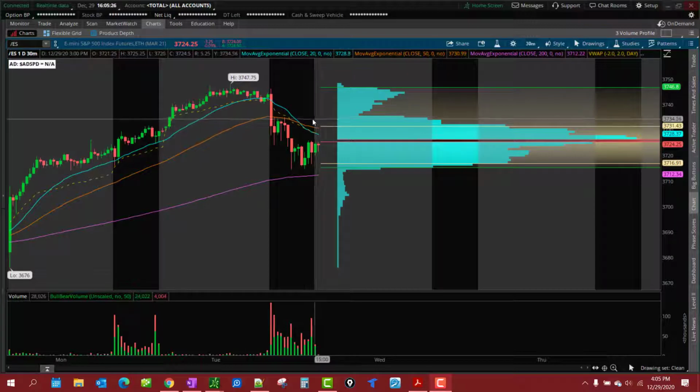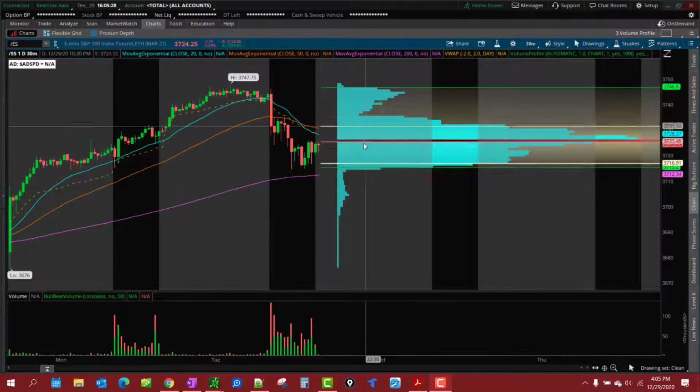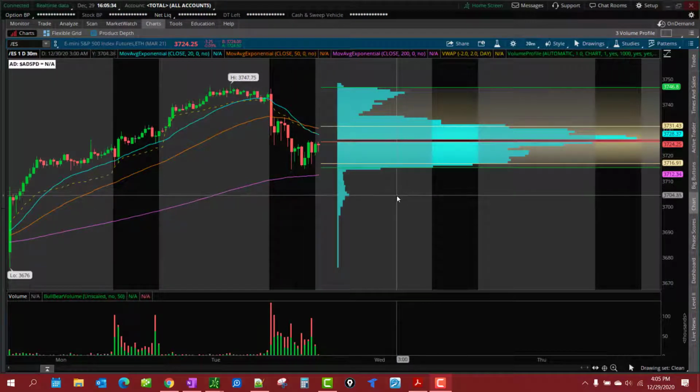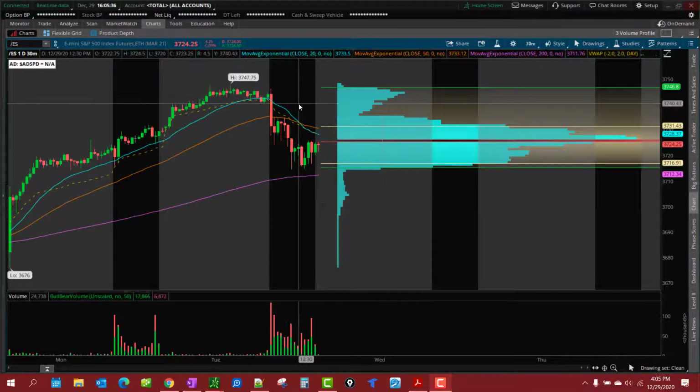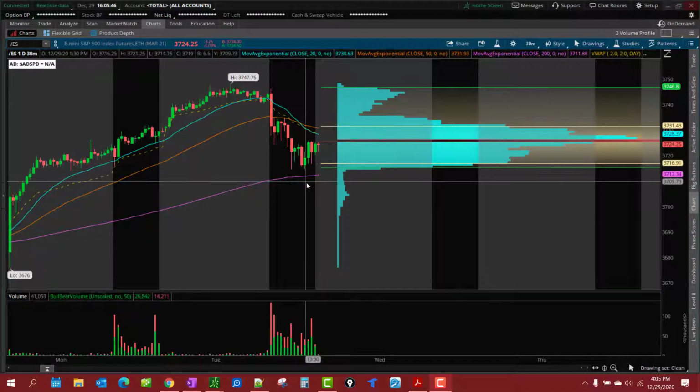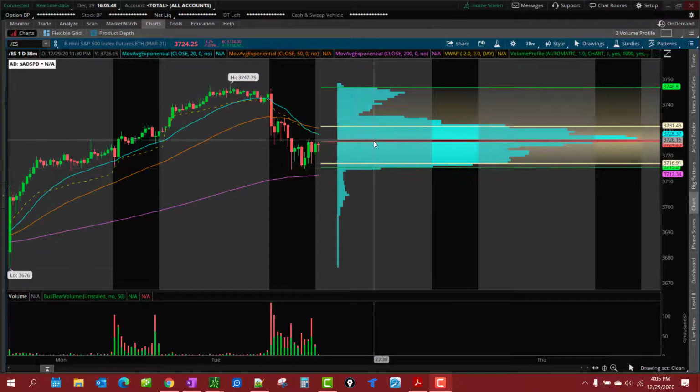So this isn't 100% that it's going to go back to the point of control, but it is a way to take a look, plan out your day, and say, okay, if it's up here, then your dominant thesis will be that price is going to move back in towards the point of control. If it's down here, price is going to move up back into the point of control.